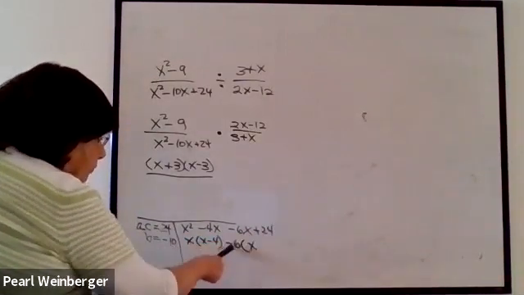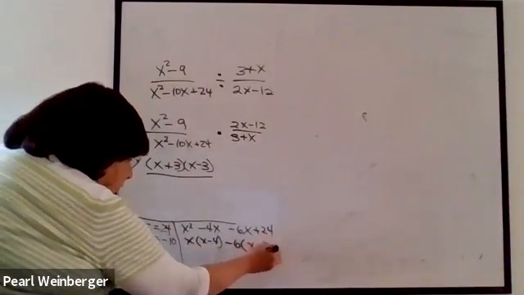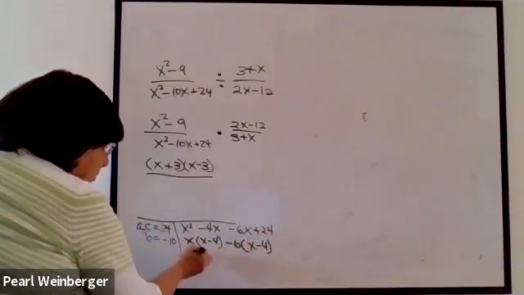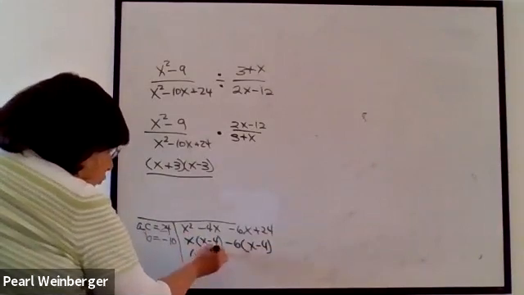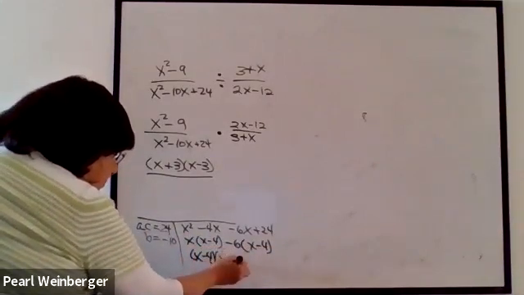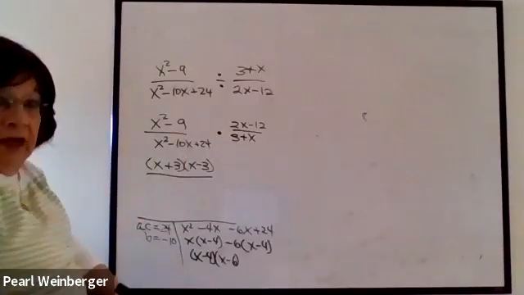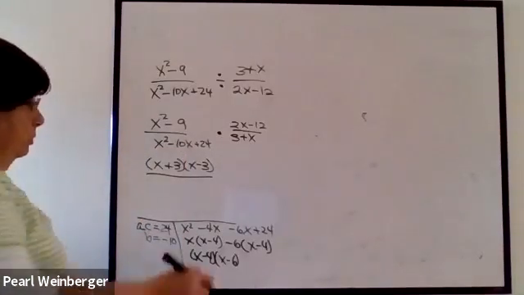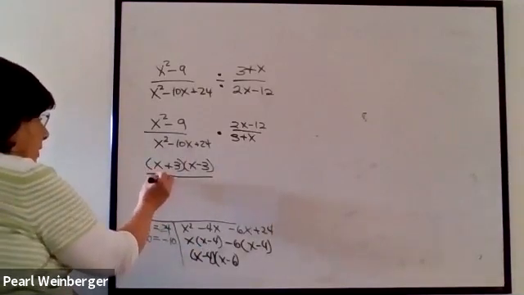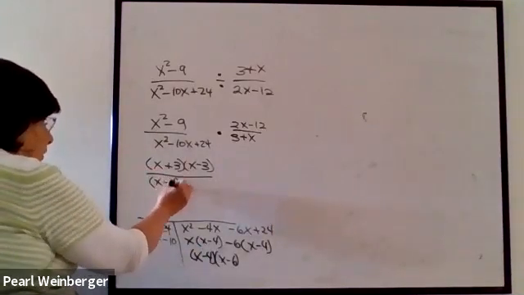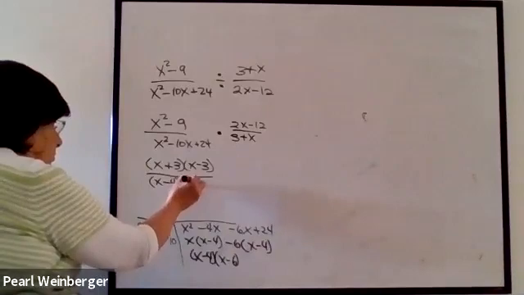And 24 divided by -6 is -4. So that will give me x minus 4 times x minus 6 as the factors of x squared minus 10x plus 24. So let's write this, x minus 4 times x minus 6.